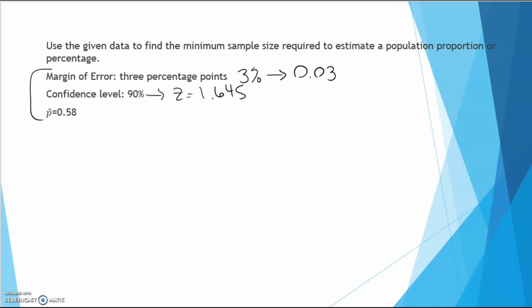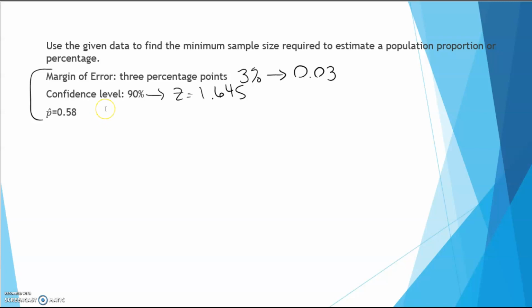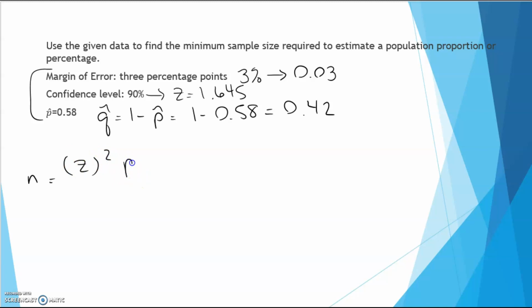1.645. Now this time they tell me what p hat is. It's 0.58. So since they tell me p hat is known, therefore I have to use this first formula. Which also means I have to find what q hat is. So q hat will be 1 minus p hat, or 1 minus 0.58, or the same thing as 0.42. Okay, so n is z squared times p hat times q hat divided by our margin of error squared.